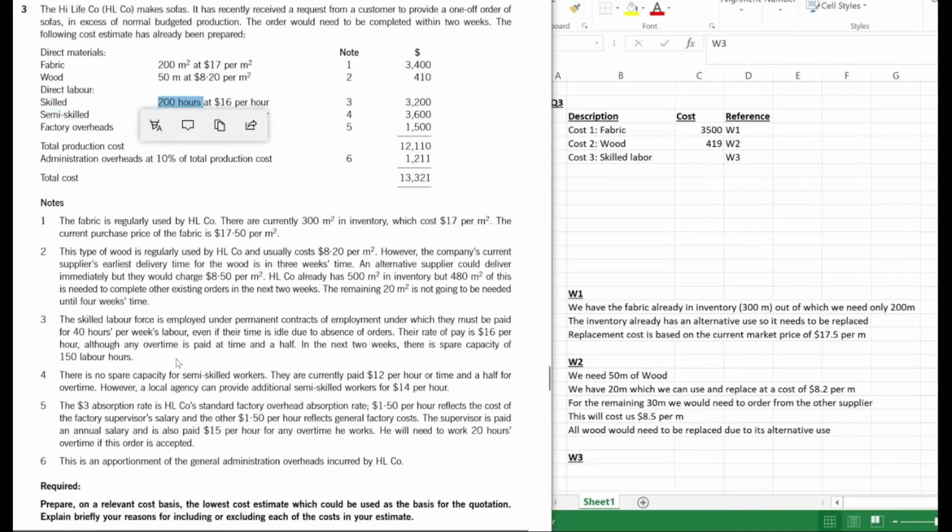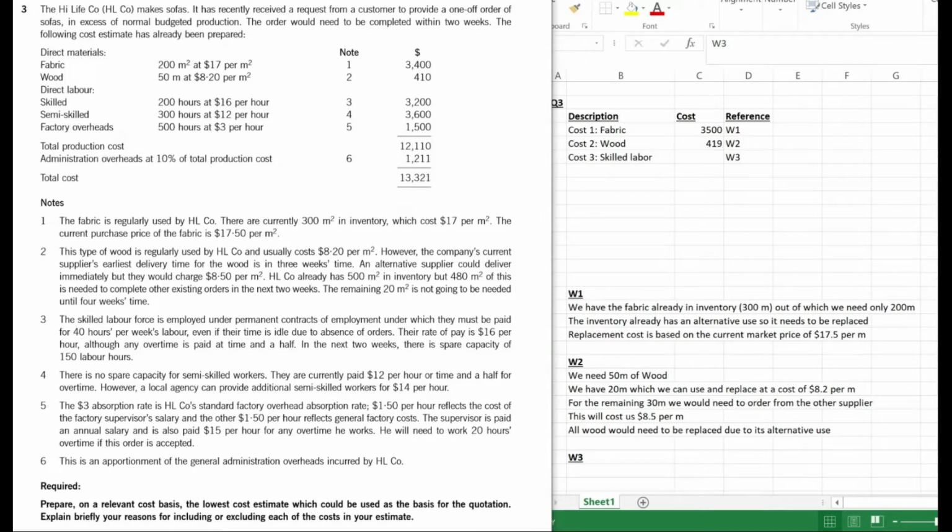Okay. And let's start. So first of all, whenever we have labor, the first thing we need to consider is, do we have the labor employed? Yes, we have them employed. Next thing we consider is, do they have any spare capacity or idle time? And they mentioned in the last sentence there's spare capacity of 150 labor hours. So out of the 200 labor hours, the first thing we'll take is the 150 spare capacity.